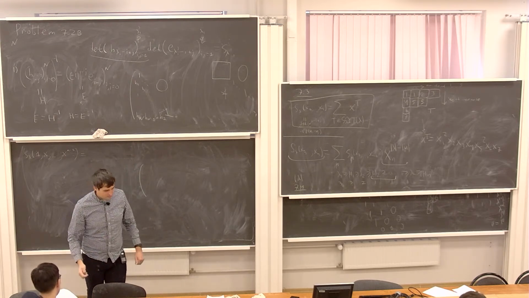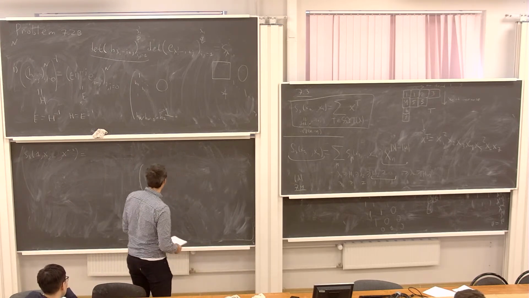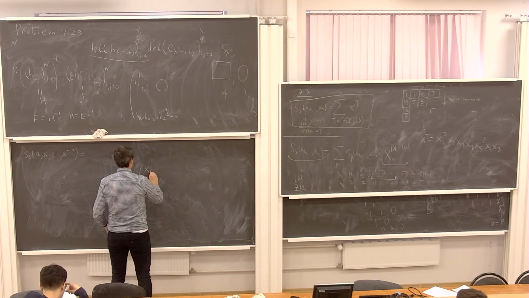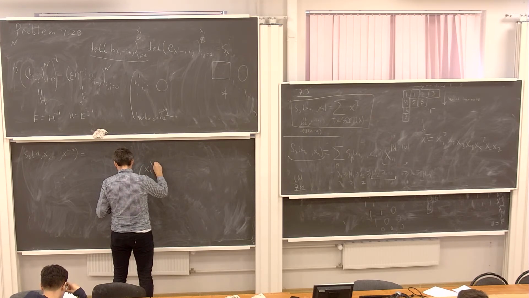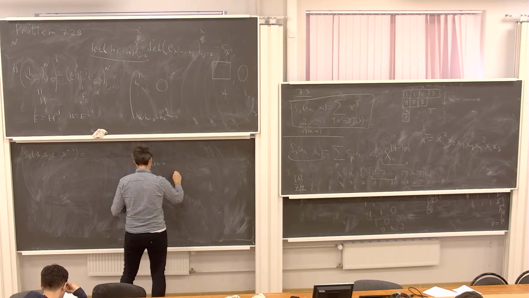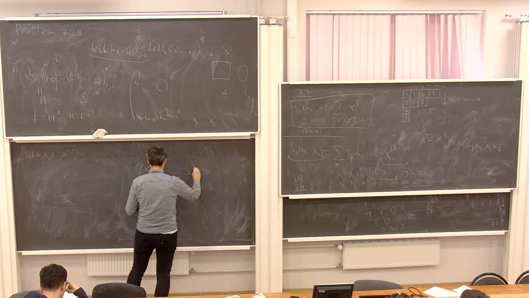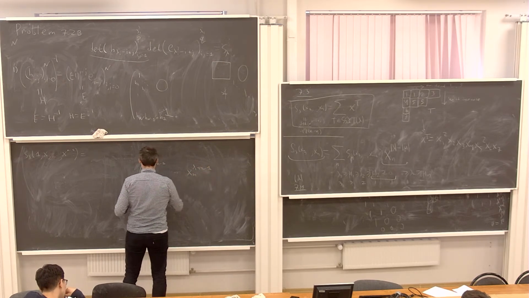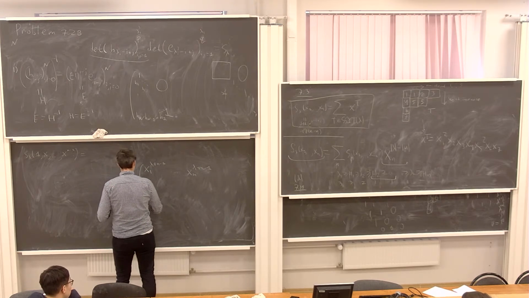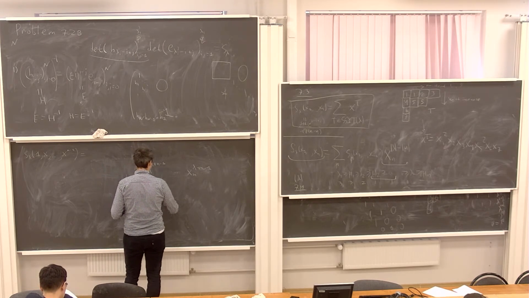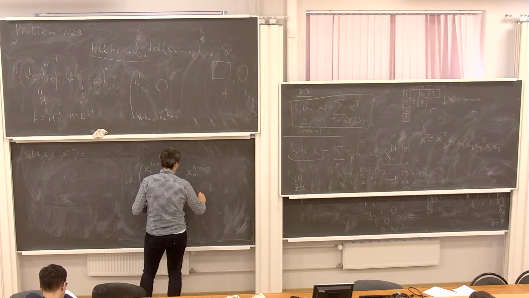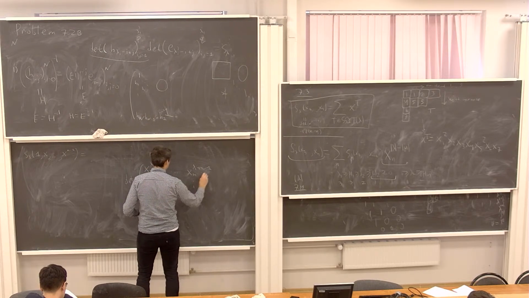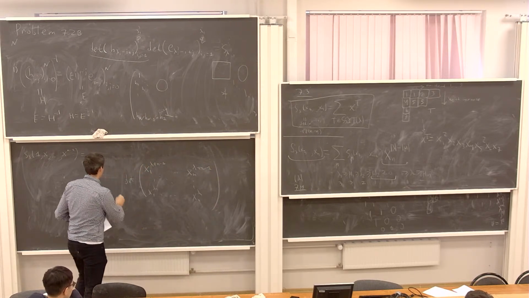Let me write it: it looks like x_1^(lambda_1+n-1), ..., x_n^(lambda_1+n-1), down to x_1^(lambda_n), ..., x_n^(lambda_n). It's the determinant of this matrix. This is your S_lambda.